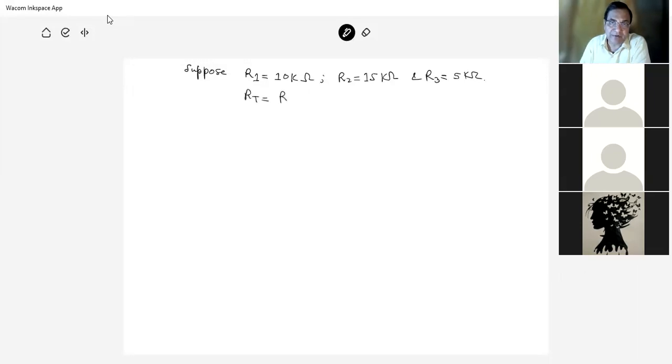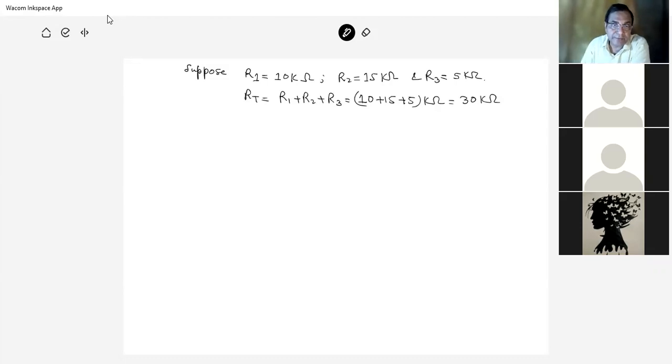This is R1 plus R2 plus R3. So this is 10 kilo plus 15 kilo plus 5 kilo. So this is your 30 kilo ohm resistance.